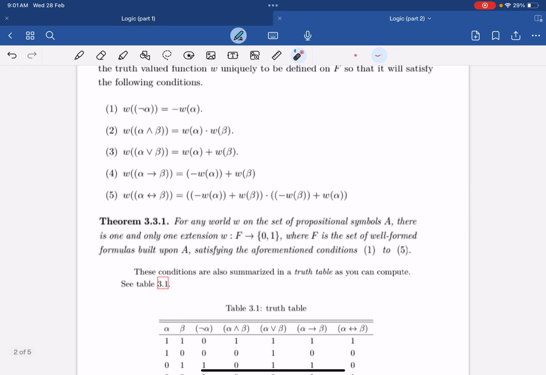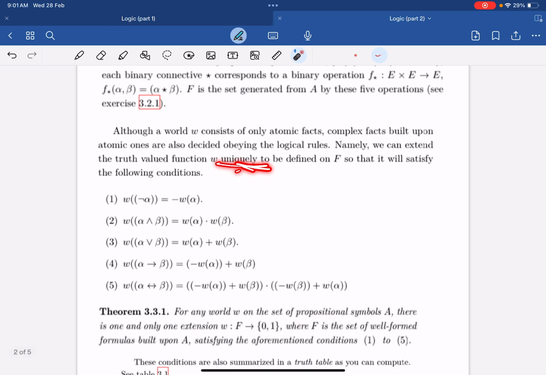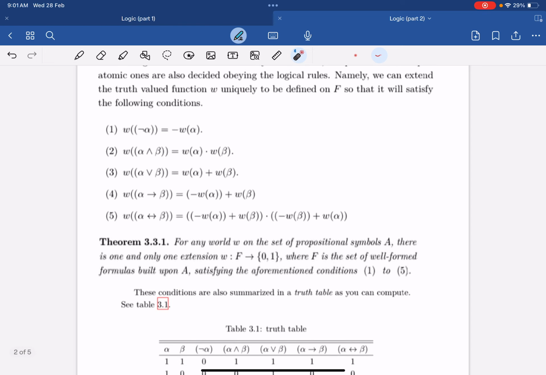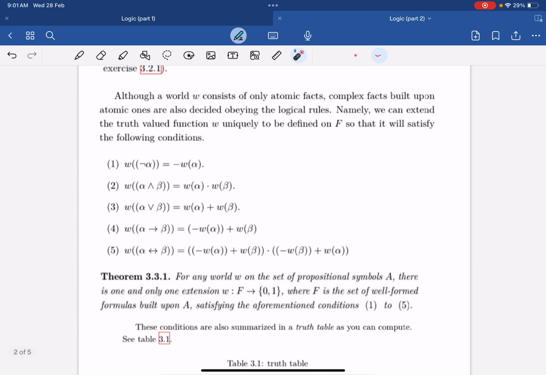And this theorem states that for any set of propositional symbols, there can only be one extension function. So like I said, this truth value function will be unique to the set of well-formed formulas that satisfy these conditions.